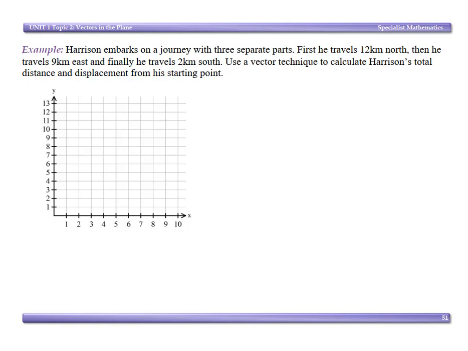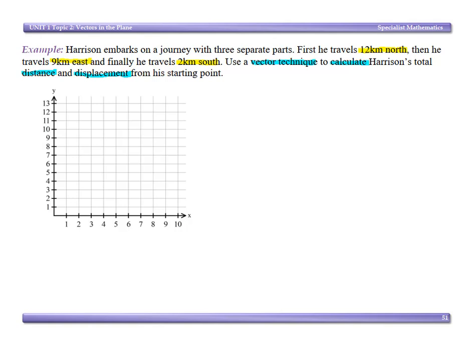So let's look at an example. Harrison embarks on a journey with 3 separate parts. First he travels 12 kilometres north, then he travels 9 kilometres east, and finally he travels 2 kilometres south. Use a vector technique to calculate distance and displacement from his starting point.